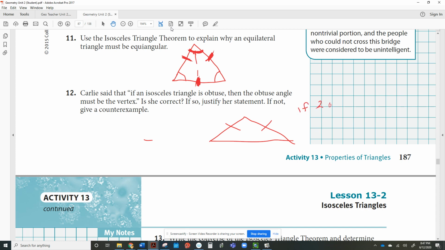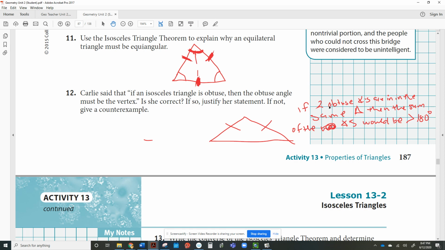If two obtuse angles are in the same triangle, then the sum of the angles would be greater than 180 degrees.